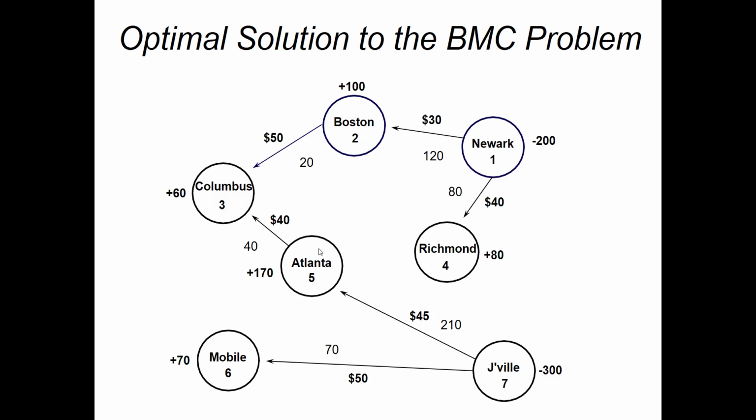But Atlanta, the node 5 is receiving 210 from station 7, and it sends out 40 to station 3, and node 2 is receiving 120 from node 1 and sending out 20 of them to node 3. So node 3 is receiving 40 from node 5 and 20 from node 2. So this is the meaning of the solution that we got from the solver.